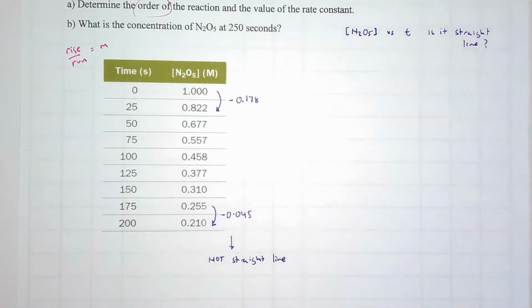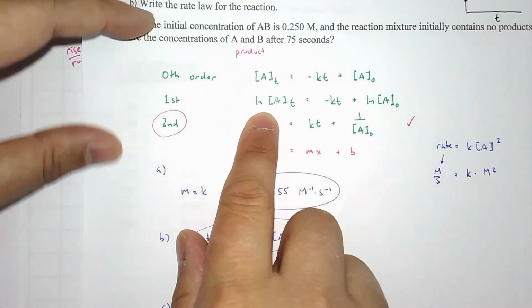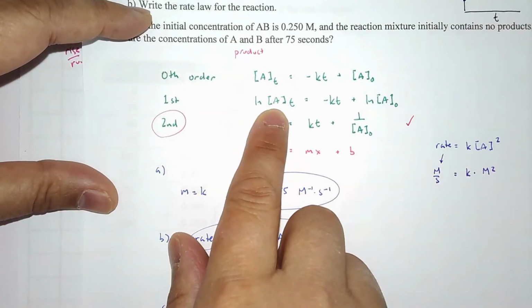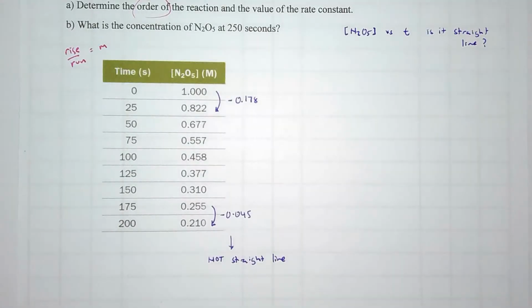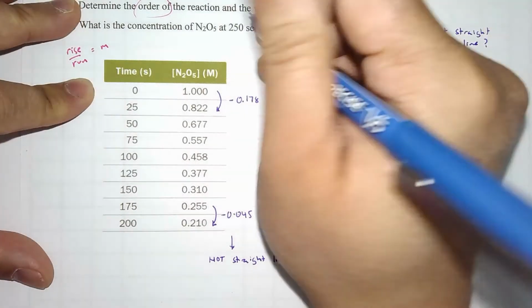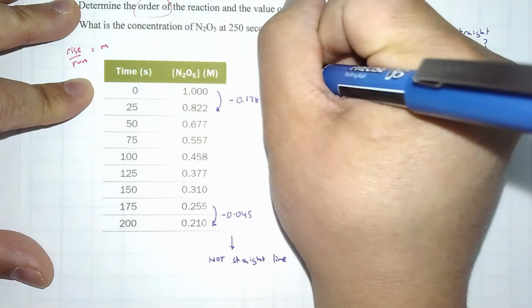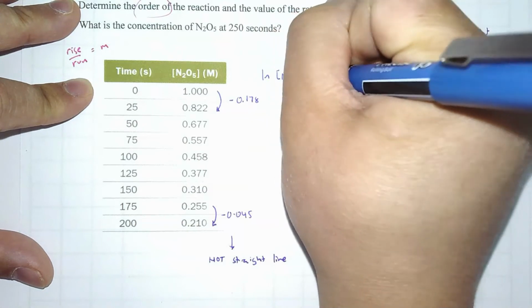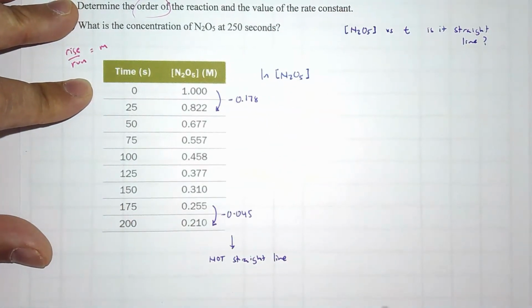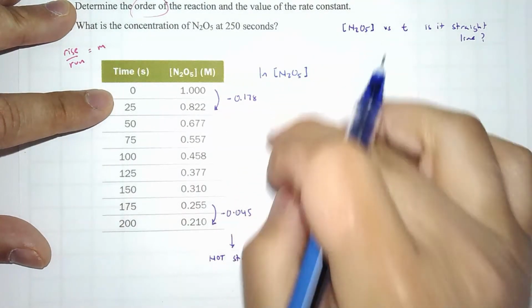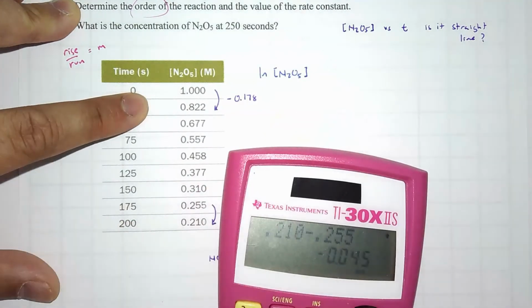Okay, so in real life, what we would do is now plot the ln of the starting material versus time, which means that, yes, we do have to pick up ln. Again, just pick the first 2 data points and the last 2 data points.